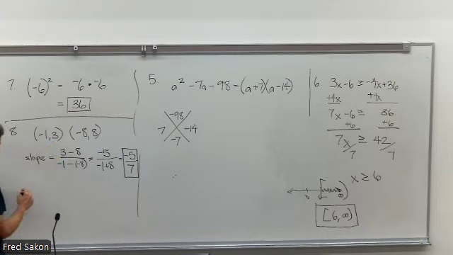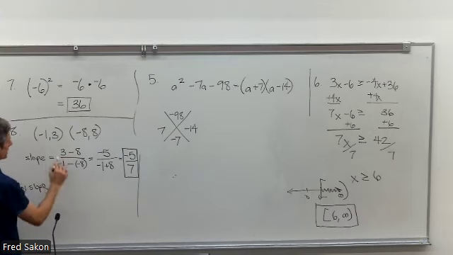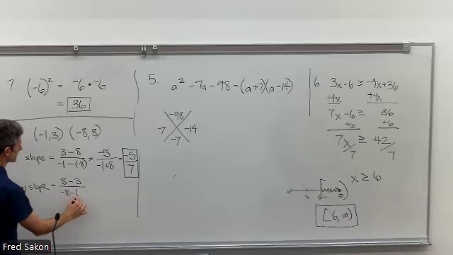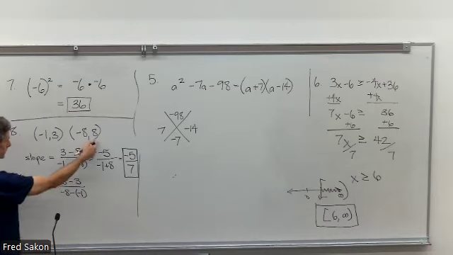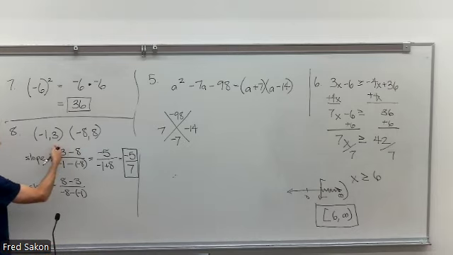I can do it the other way around. So this is same answer, other way around. 8 minus 3. I just have to set up my bottom piece in the same order this way. -8 minus -1. If I do this way, 8 minus 3, then my bottom needs to be this way as well. -8 minus -1.